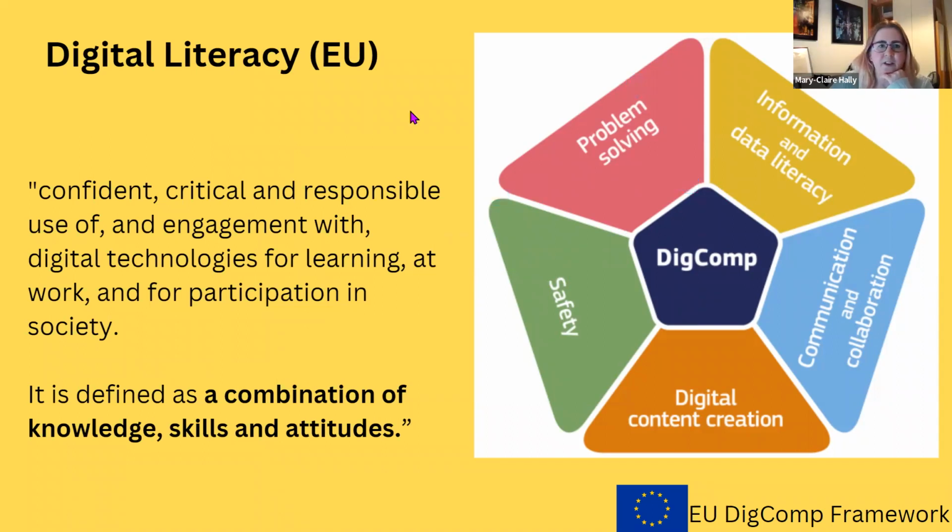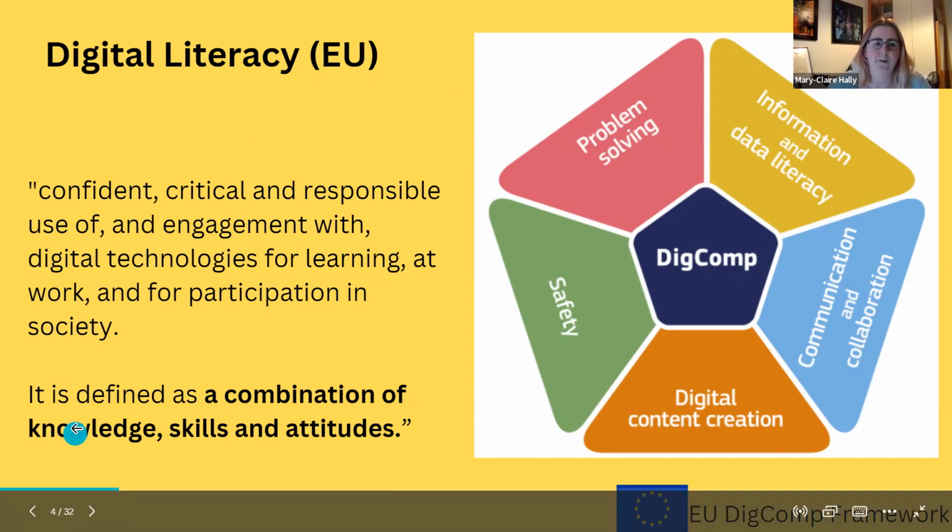So this is the digital literacy plan from the EU. And they feel that problem solving, information and data literacy, communication and collaboration, digital content creation and safety are the priorities. But there is a quote in their framework that I liked. It's defined as a combination of knowledge, skills and attitudes.